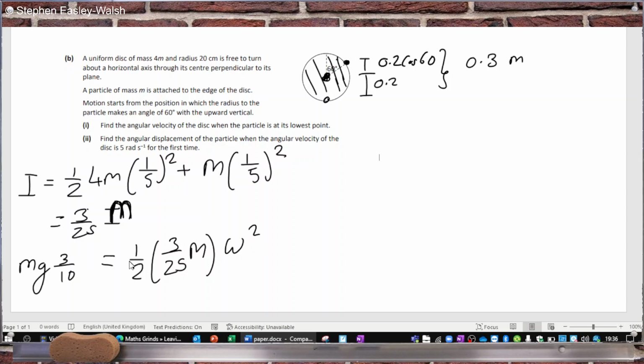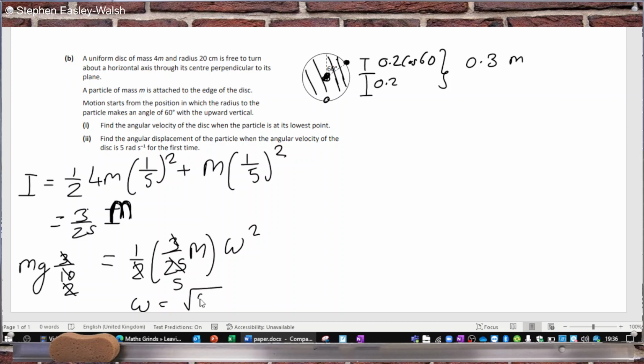Okay, let's cancel. 3's cancel. 5 goes in there twice. 5 goes in there 5 times. The 2's cancel. So it looks like I get omega is root 5. Oh, let's not forget the g.